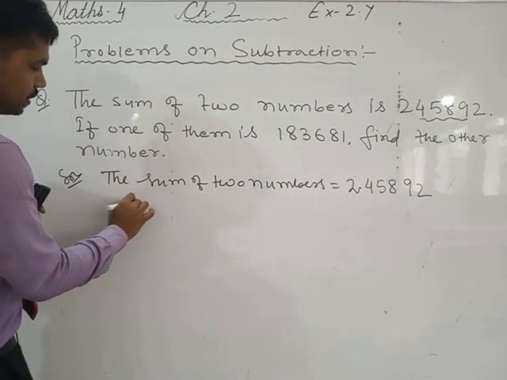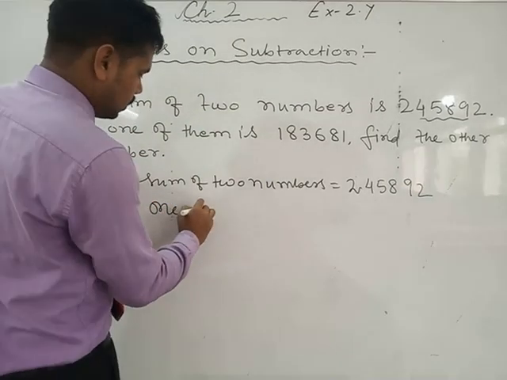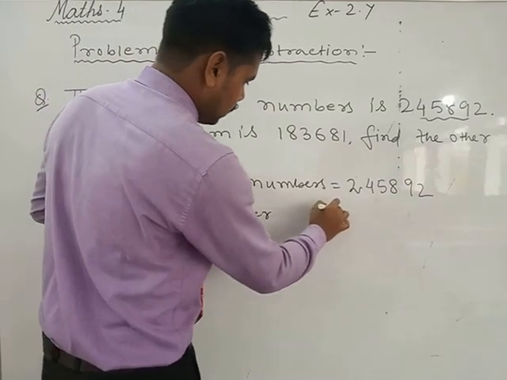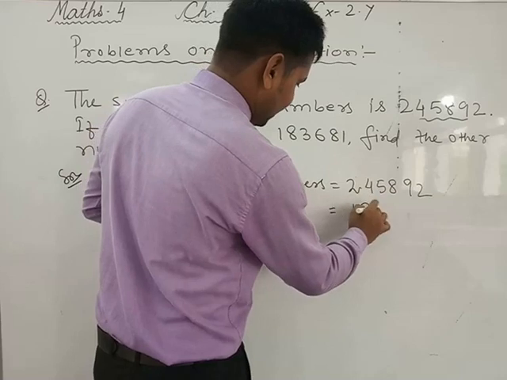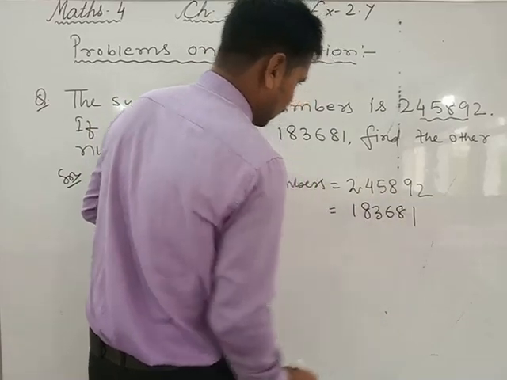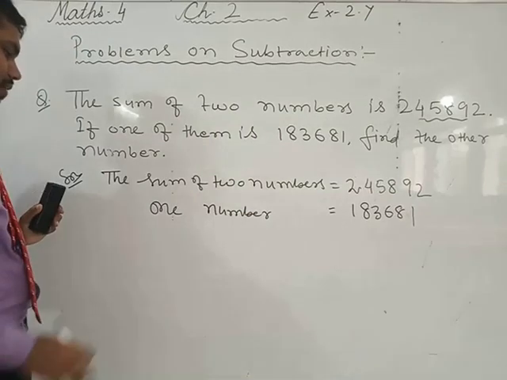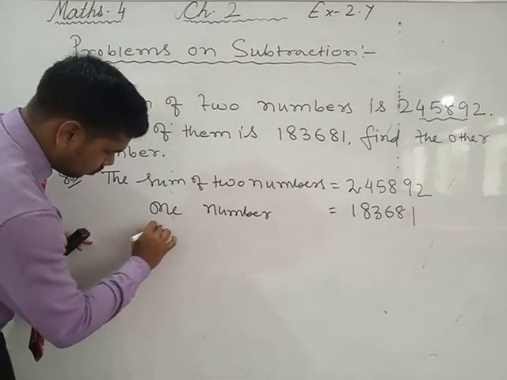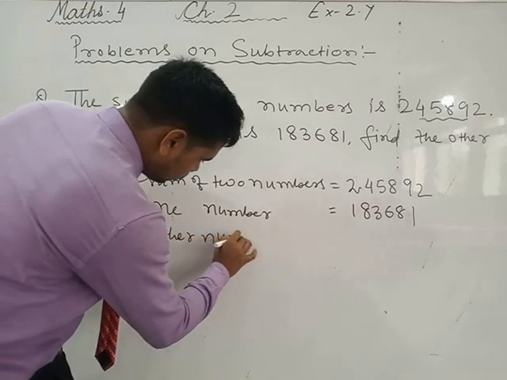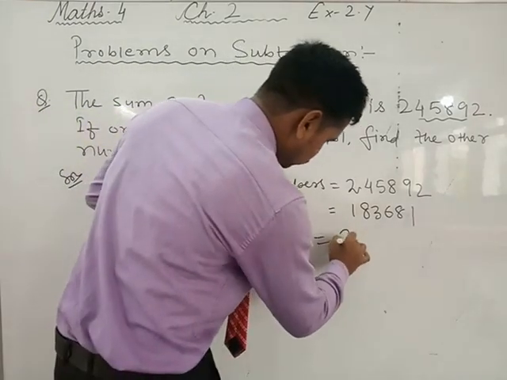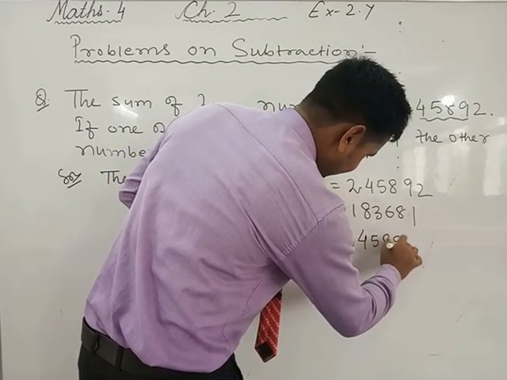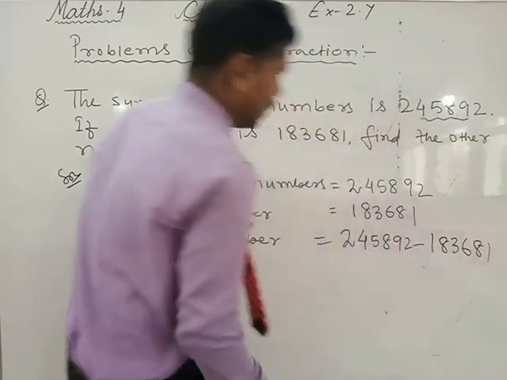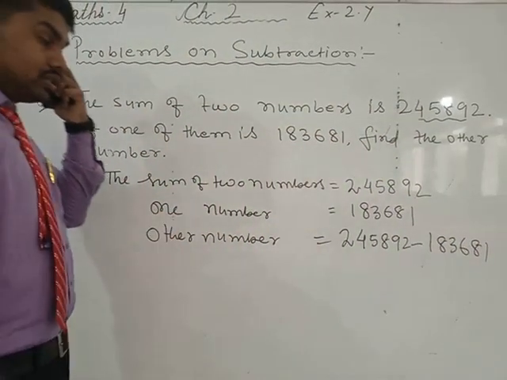One number is given, so one number is equal to 183,681. So what will be the other number? The other number is equal to 245,892 minus 183,681. Okay, this one you have to check.